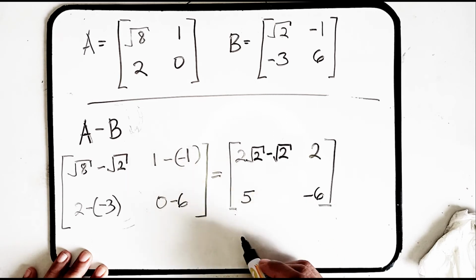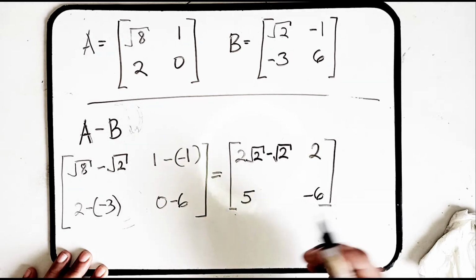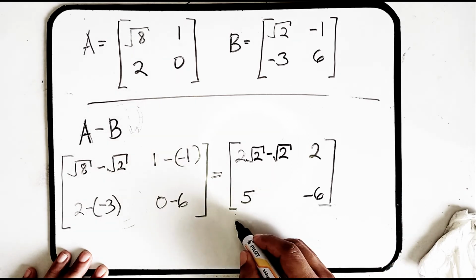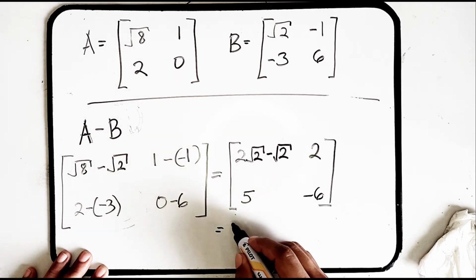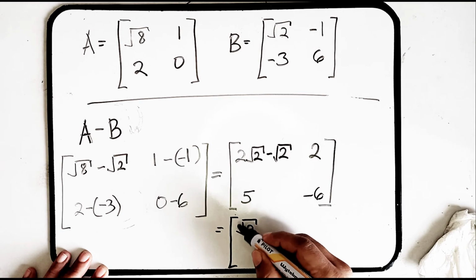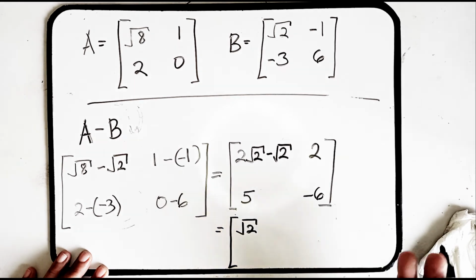2 minus the invisible 1 becomes 1. So we have 1, so we can just omit 1, no? Then let's just write here square root of 2, because it is always considered that you have an invisible one here. So that is why there's no need for us to write that one.